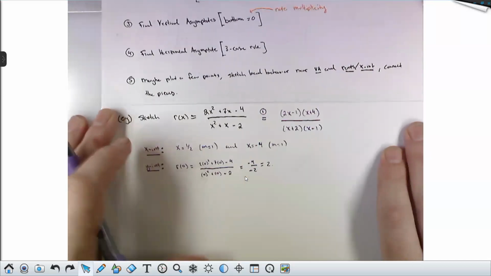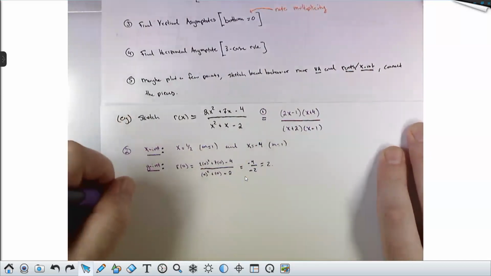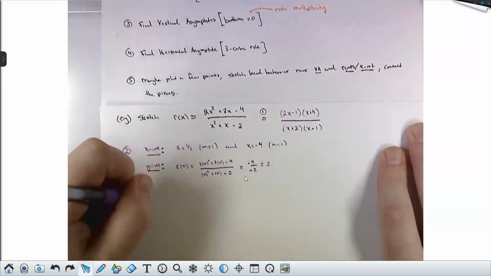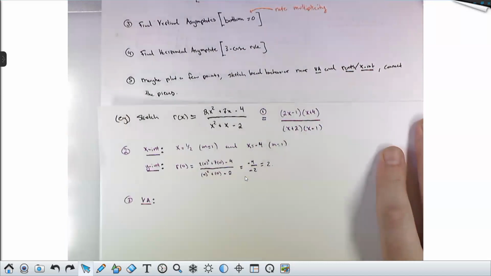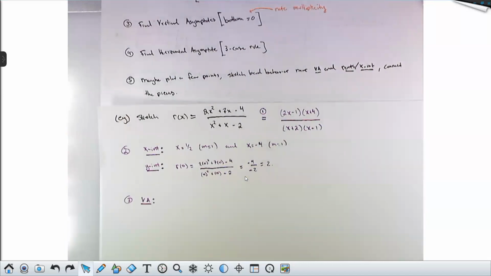Vertical asymptotes are next. What are my vertical asymptotes here? 1/2 and -4.